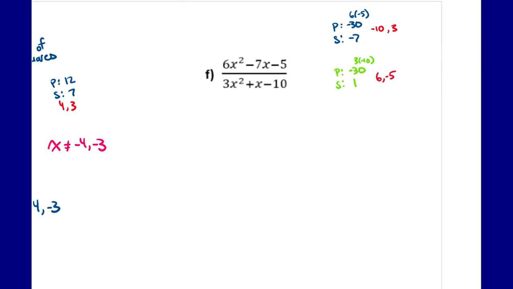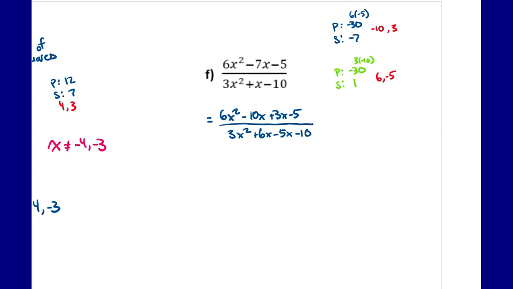So factoring, we're going to factor the top by grouping. So 6x squared minus 10x plus 3x minus 5, divided by, on the bottom, 3x squared plus 6x minus 5x minus 10.